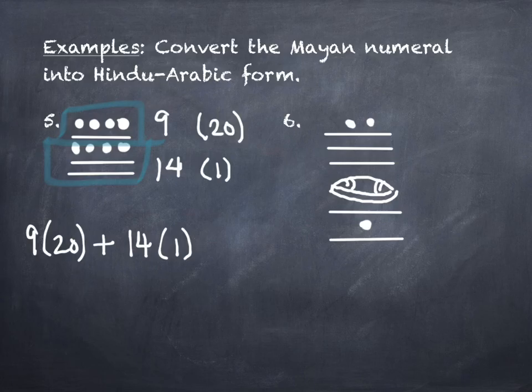What is 9 times 20? 180, plus 14, 194. So our equivalent numeral is the number 194 for this symbol distribution in their system. Are we good? Okay. I'm going to pause there because I want to make sure you guys have some time.